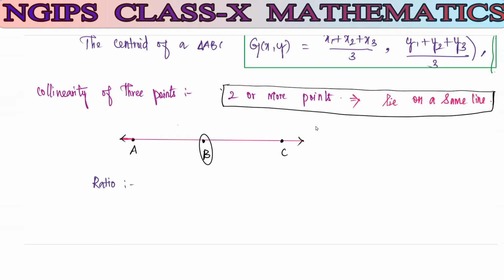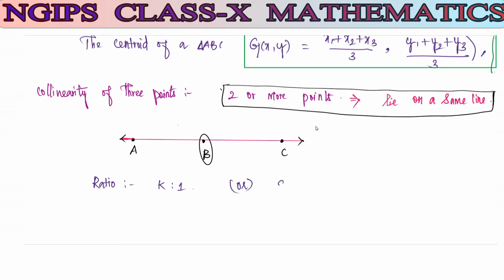So then we write B by using the section formula, then compare it with the actual coordinates. If the value of K from both the equations is the same, then A, B, C are collinear, or otherwise it is not collinear.